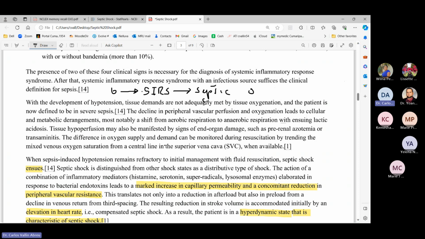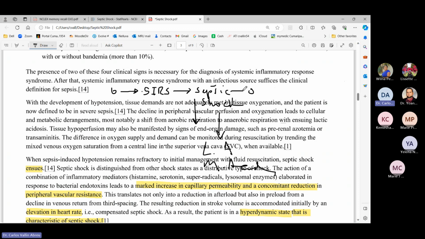Septic shock is when the blood pressure is dropping and the blood is not moving efficiently enough to provide oxygen to the tissues. And when this occurs, something new is produced, lactic acid, and a metabolic acidosis appears.